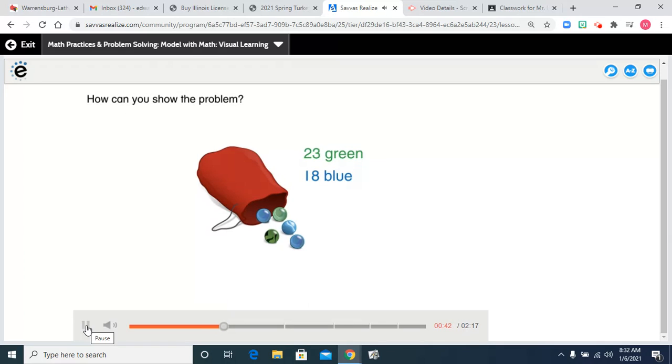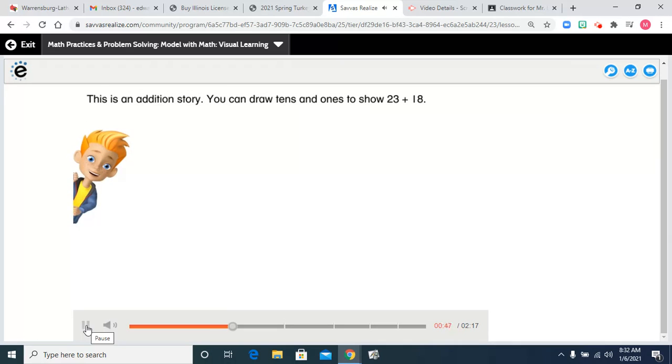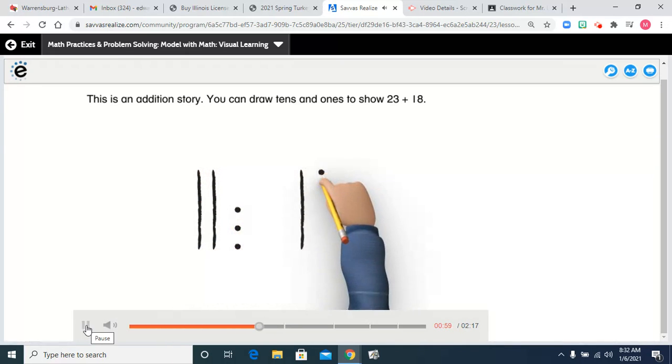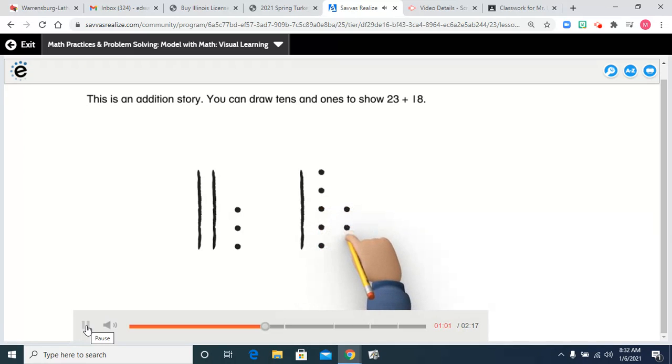How can you show the problem? I could use blocks, a number line, an equation, or drawings to show the problem. This is an addition story. You can draw tens and ones to show 23 plus 18.